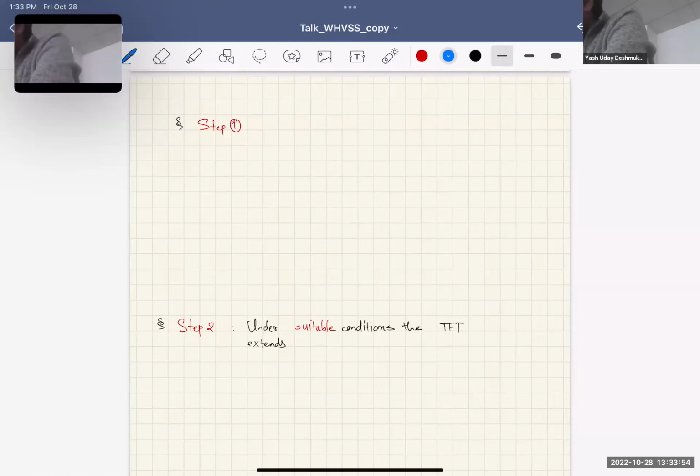So let's say C is either a smooth Calabi-Yau or proper Calabi-Yau A infinity category.